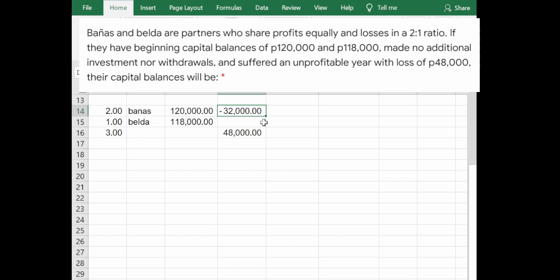And for Belda, 48,000 times 1/3. The answer: we deduct the loss from the beginning capital balances. So here is our answer: 88,000 for Banyas and 102,000 for Belda.